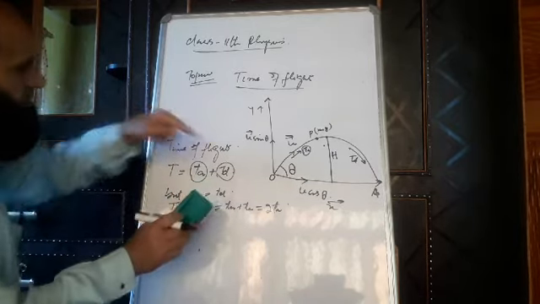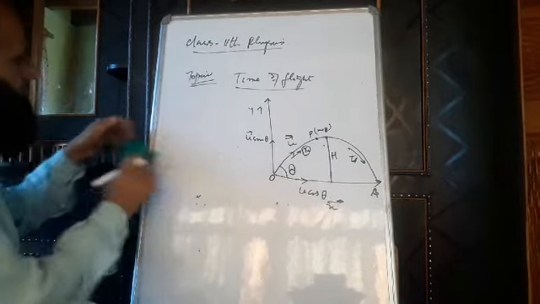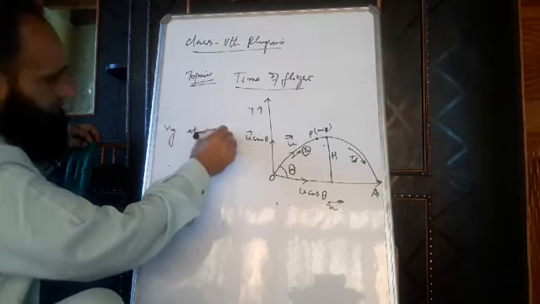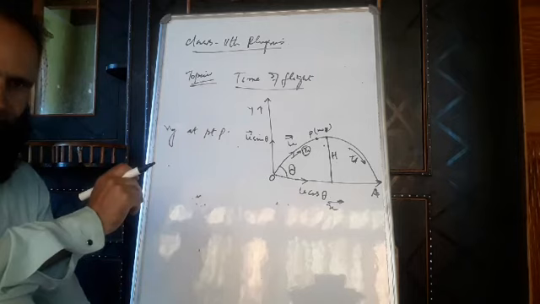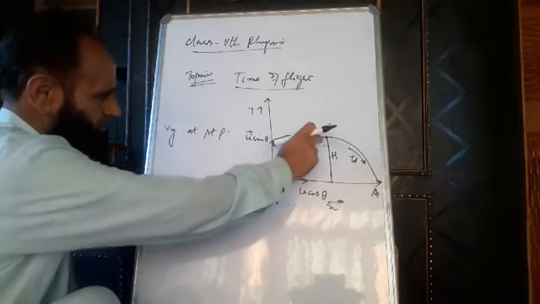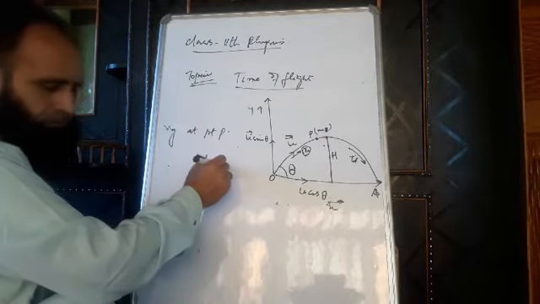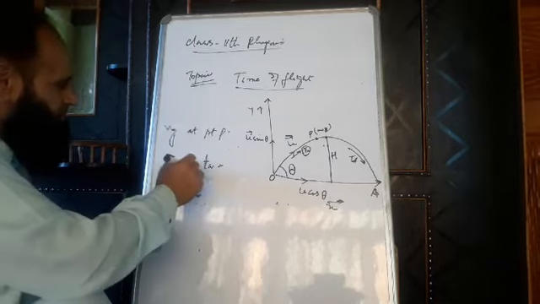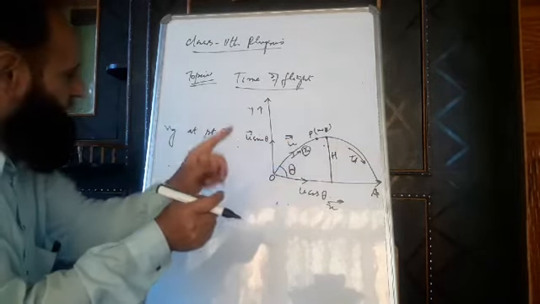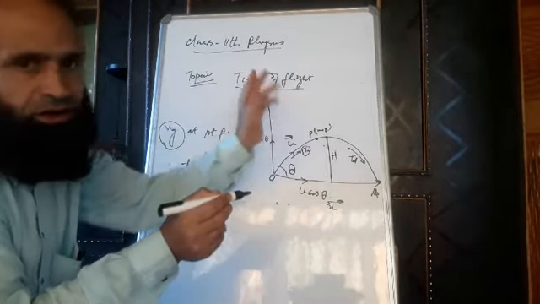That is along the y direction, Vy, our vertical velocity at point P. And when the body reaches the top, this vertical velocity Vy comes to 0, and it starts descending.